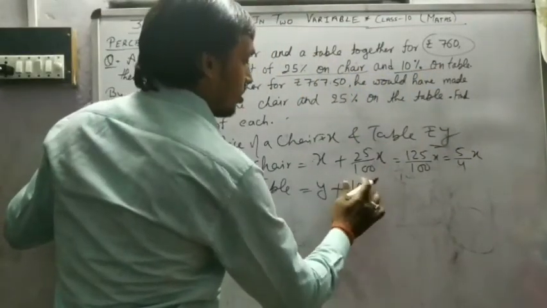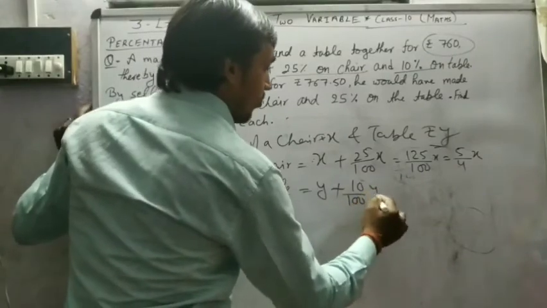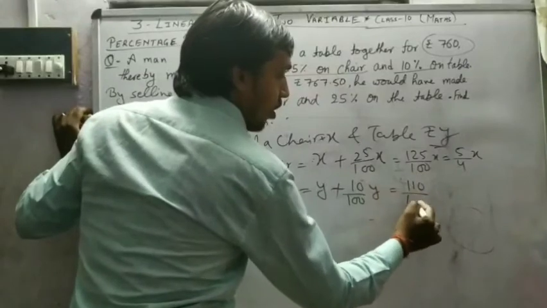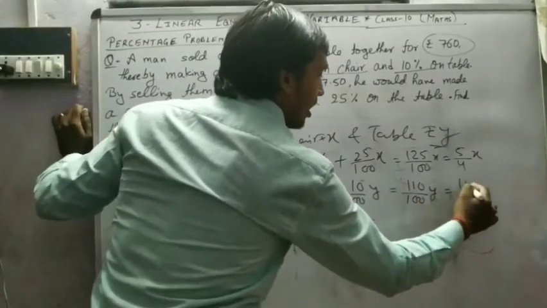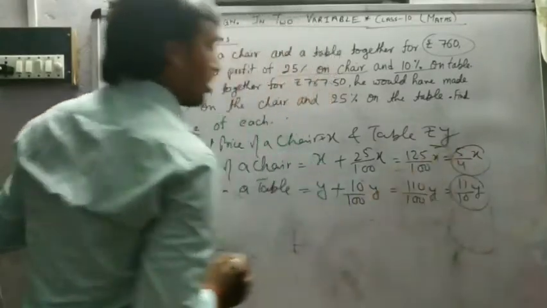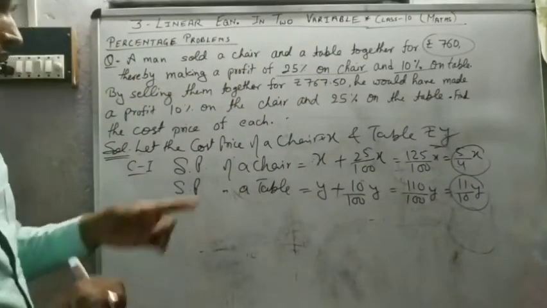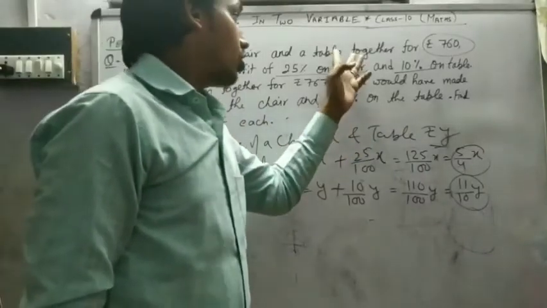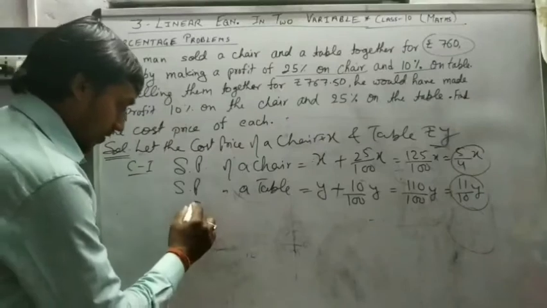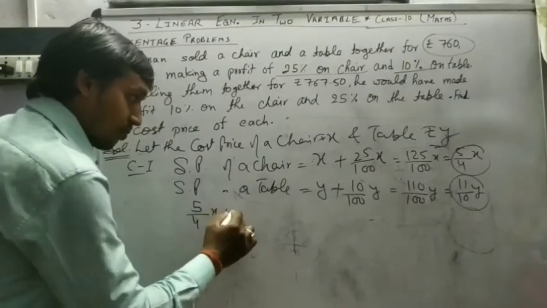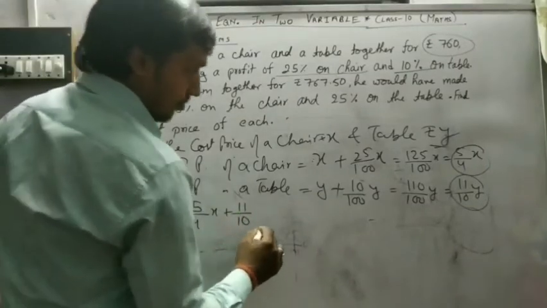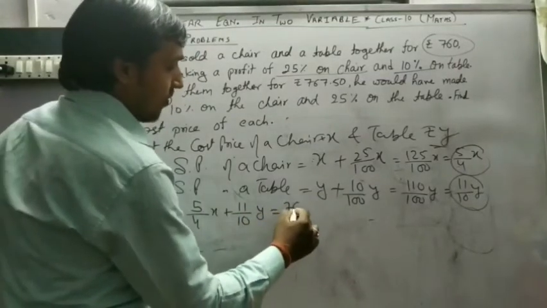So 10 upon 100 y, that means 110 upon 100 y, 11 upon 10 y. Selling price of chair plus selling price of table, according to the question, both make 760 rupees. So 5 upon 4 x plus 11 upon 10 y is equal to 760.